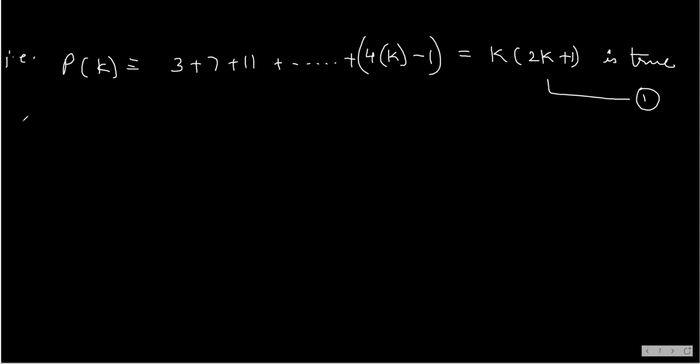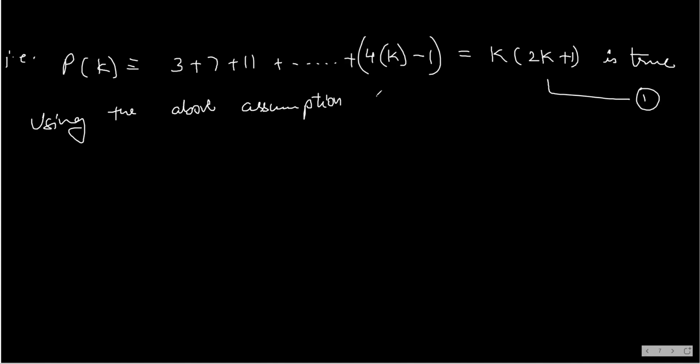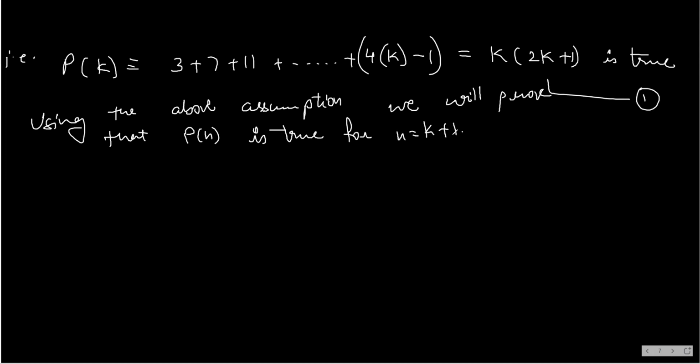I will write here: using the above assumption, we will prove that P of n is true for n equals to k plus 1. That is to prove that P of k plus 1.